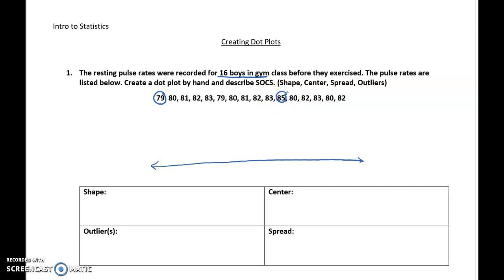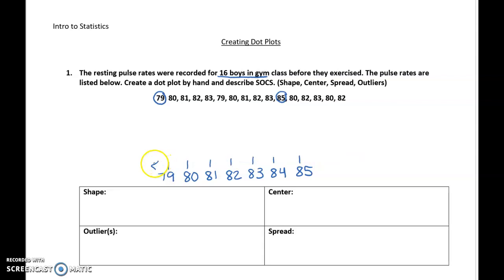So we know that our scale will start at 79 and go to 85. You can make your scale 79, 80, and if you want, you can go by twos, 81, 82. Okay, and here is my scale.